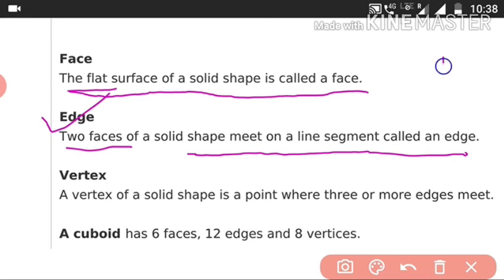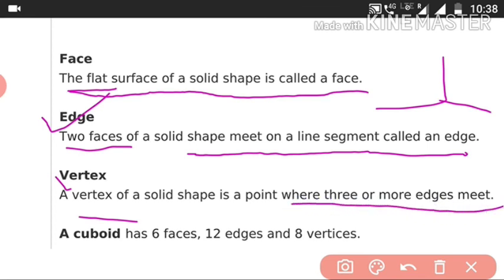Now vertex. A vertex of a solid shape is a point where three or more edges meet. Not only two, three or more edges will meet. That is called a vertex.